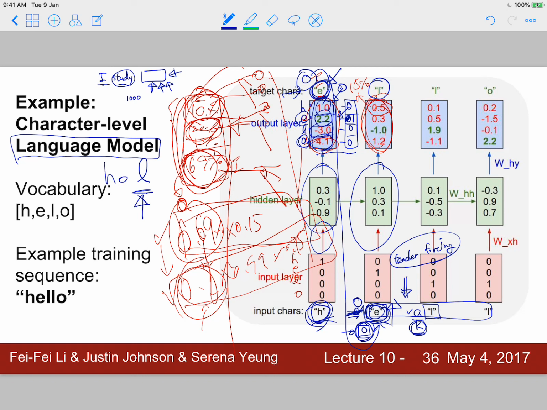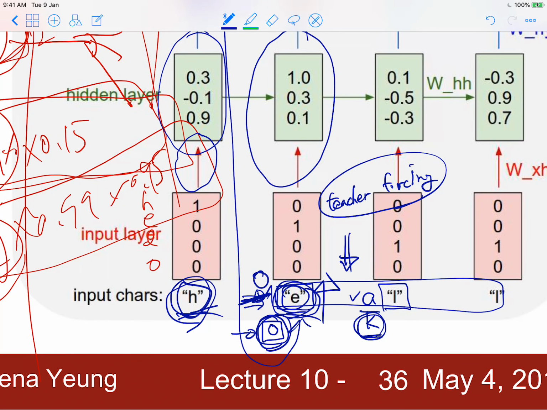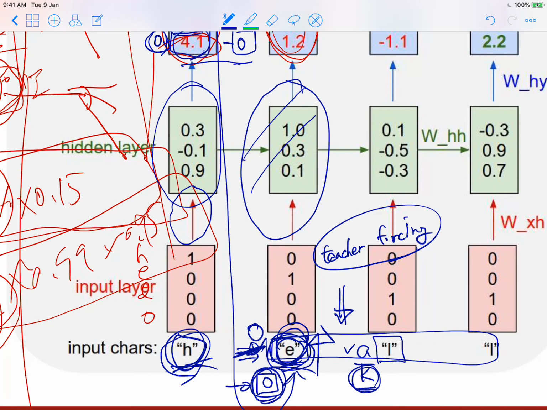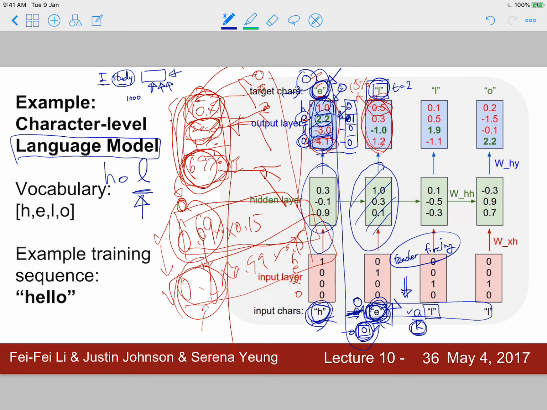Although there could be some words that start with H, O, L, if there is a correct word, hello, H-E-L, then in order to properly produce the correct output of L at time step 2, at least the previous step should provide the correct output, so that we can expect this RNN cell to properly behave and produce the correct output.